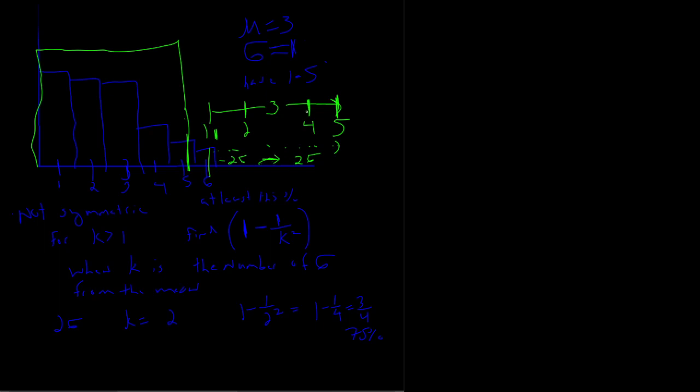And so Chebyshev would say, hey, I have at least 1 minus 1 over 2 squared, or 3/4, or 75% of my data within this bit, at least. In fact, looking at this plot, there's more than 75% there. But Chebyshev's theorem is used when things are not symmetric, and so the best we can say is at least.